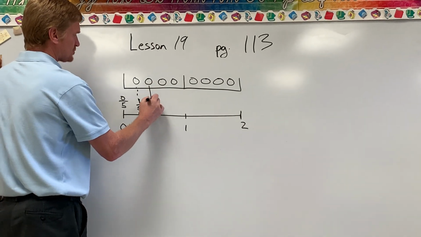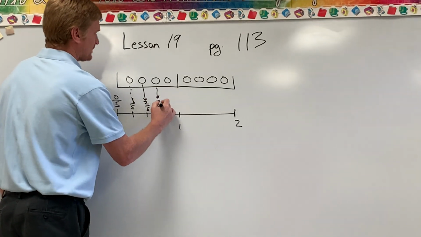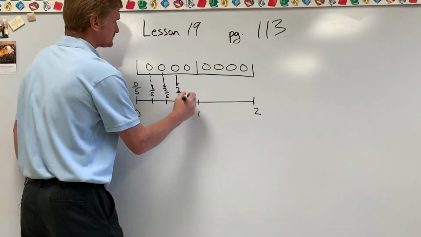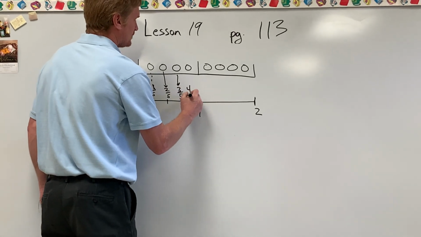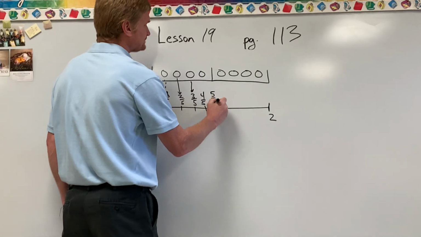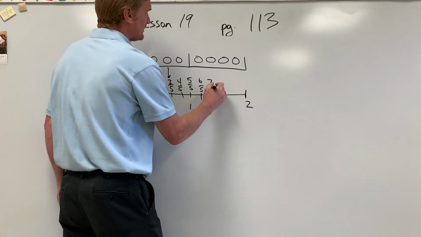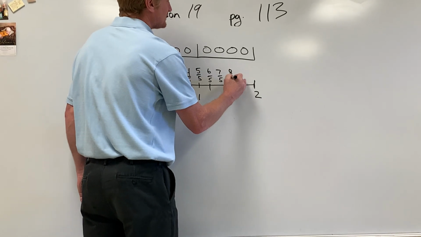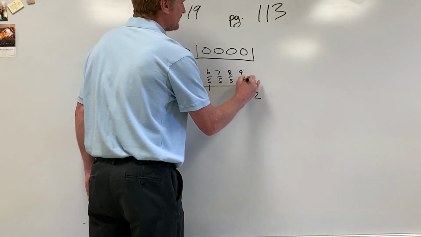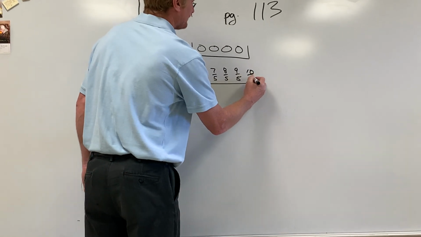This line, 2 fifths. 3 fifths. 4 fifths. And now we're at 1, so this one's going to be 5 fifths. 6 fifths, 7 fifths, 8 fifths, 9 fifths, and 10 fifths.